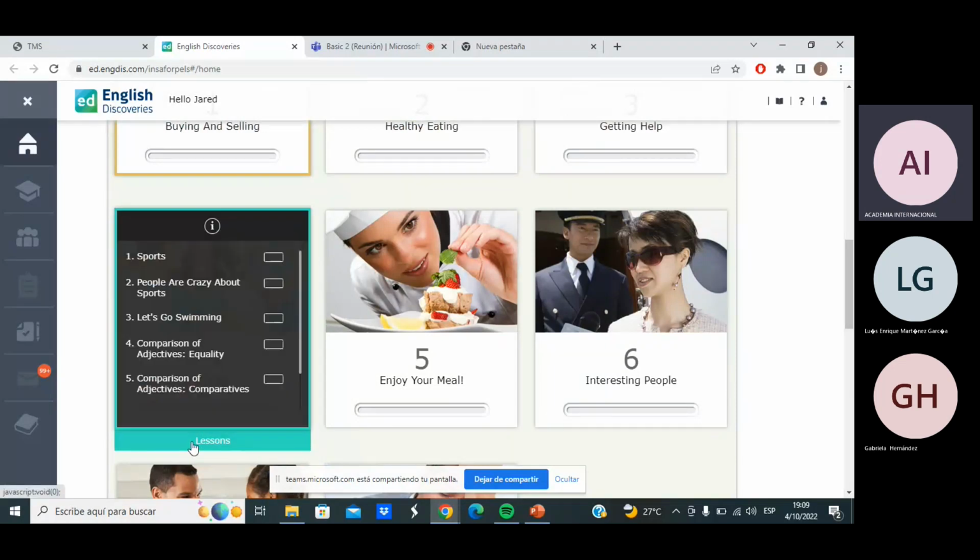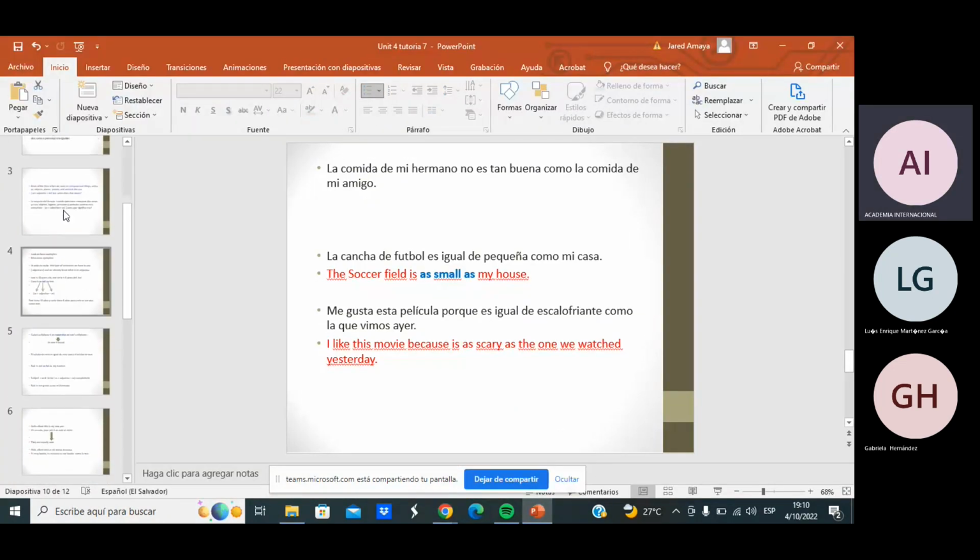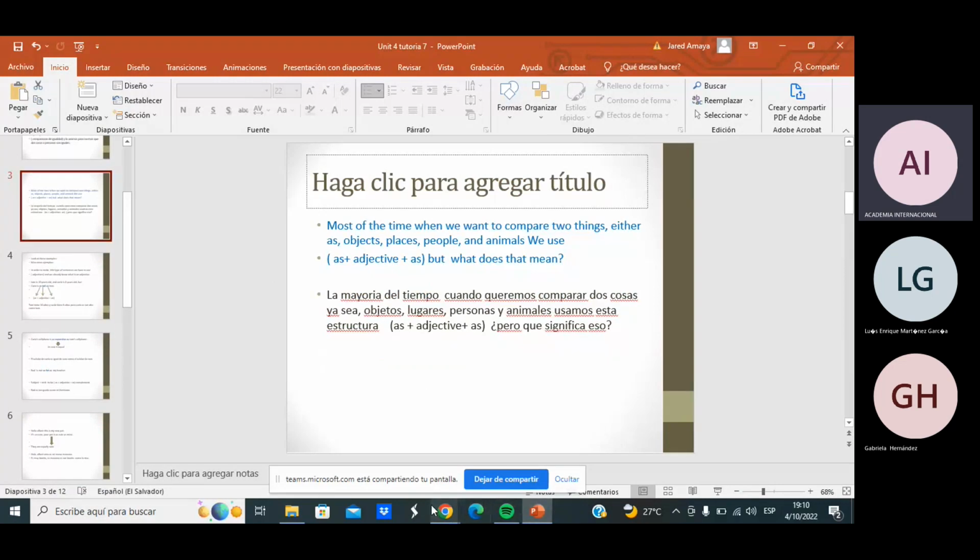Entonces el tema aparece en esta unidad. It is a comparison of equality. Comparison of equality, and we use adjectives. I think that after the presentation, we are going to make some exercise that appears in this activity. But first of all, I'm going to show you what we are going to do right now.